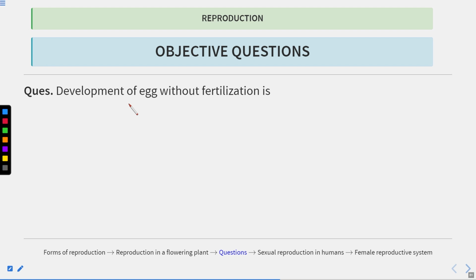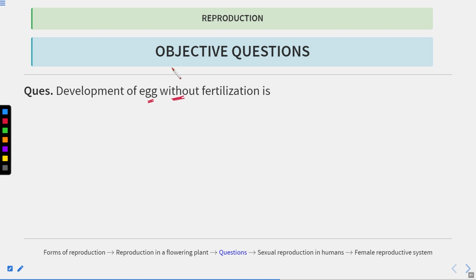Now the next question is development of the egg without fertilization. So usually what happens, the egg is fertilized by the sperm, if you talk about humans, or it is fertilized by the male gametes, which are produced by the pollen grains.